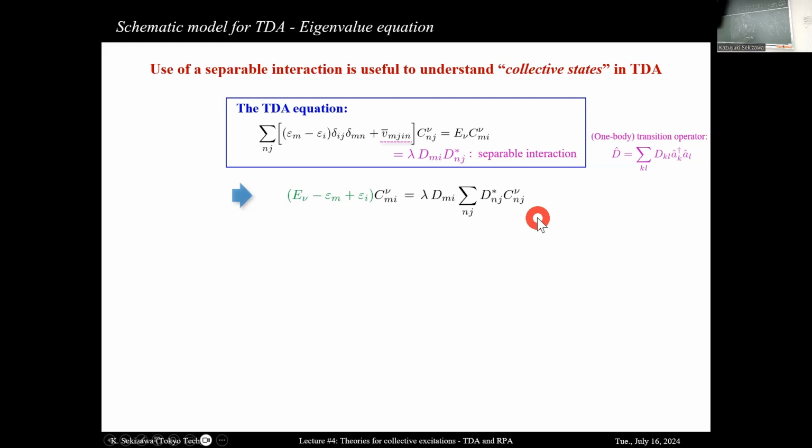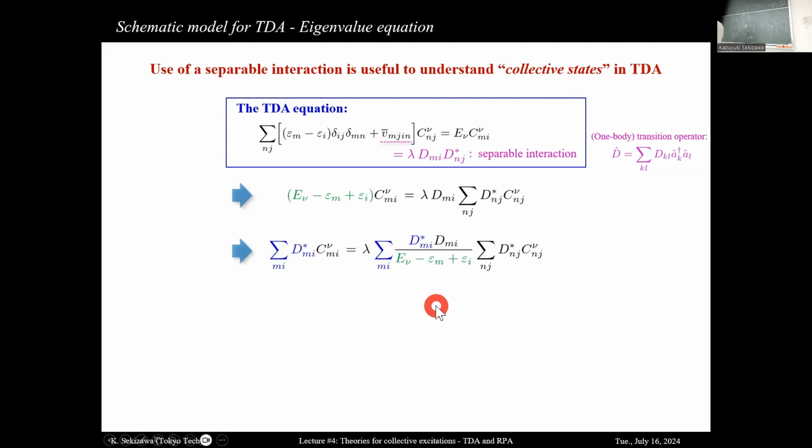Okay. And you have this equation. And now what we did is, this green term, we divide the whole equation by this green term to move this part to the right-hand side. And then we multiply by D star Mi. So both sides are multiplied by D star Mi, and take a summation over M and I.